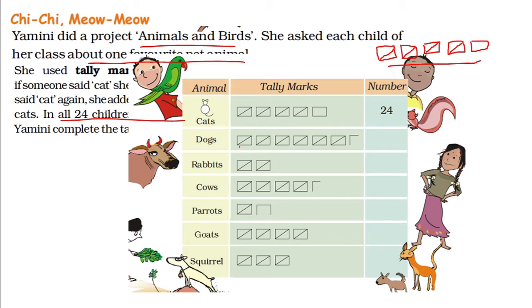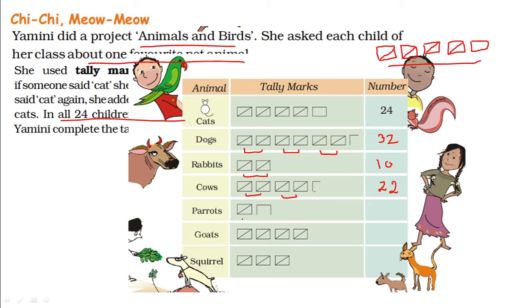This is the tally for dogs. How many are there? Yes, 10, 20, 32. Simply we can count this. This is 5 plus 5, 10, 10, 22. So cows are 22.